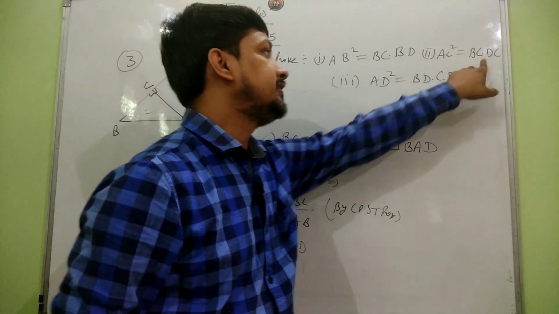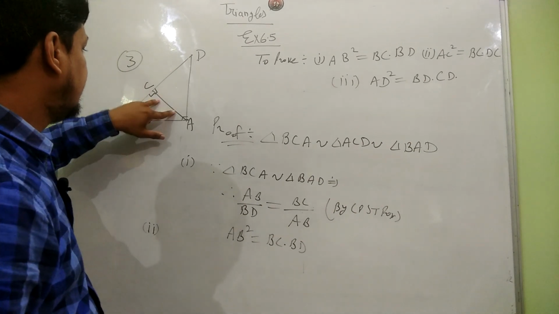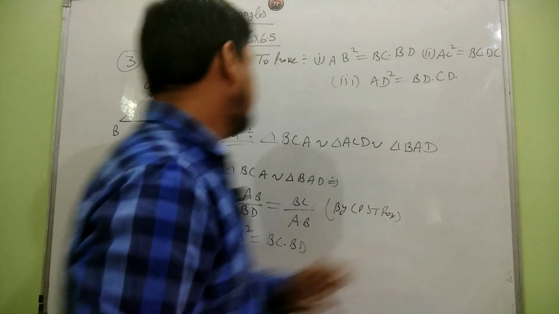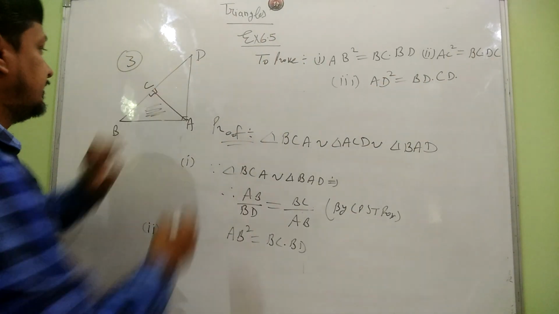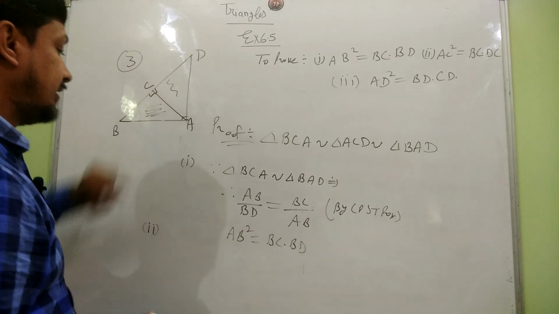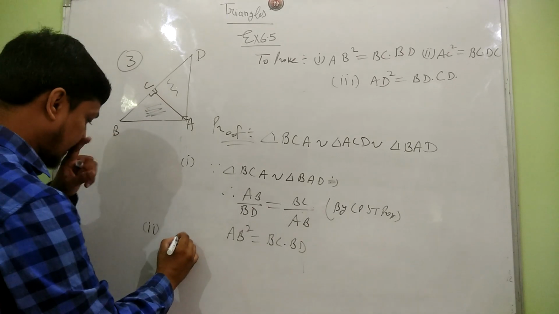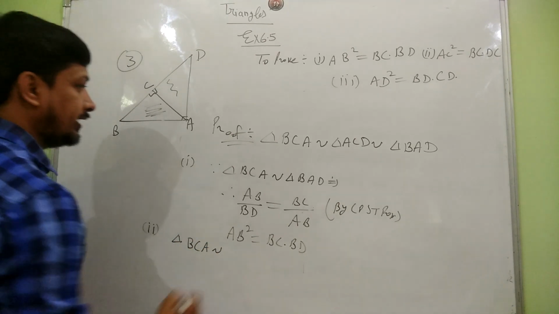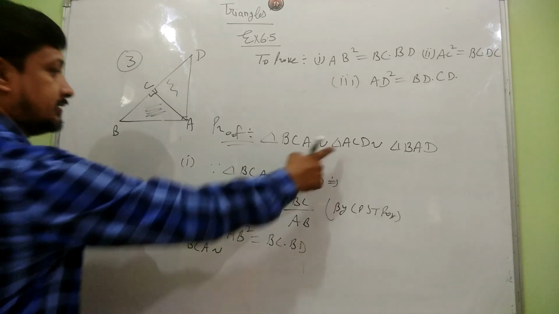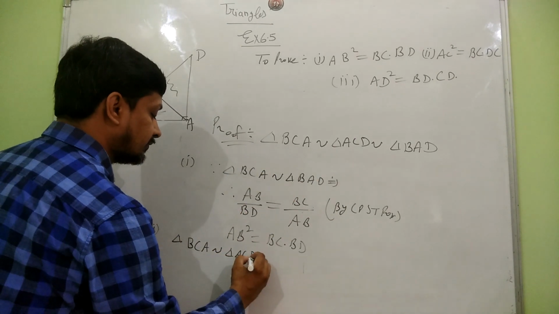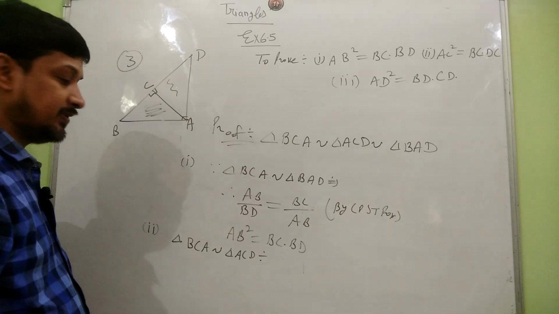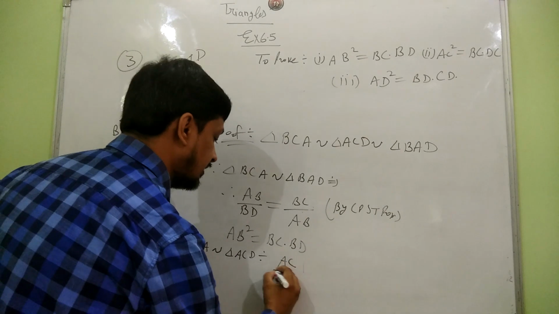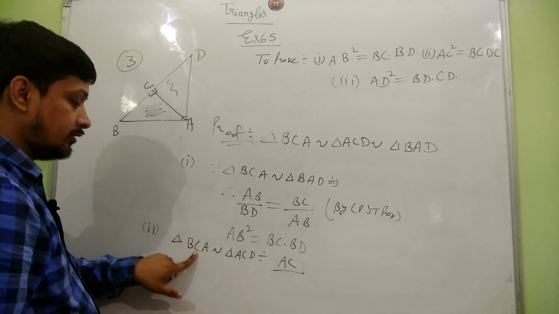Now for the second part, you need AC, BC. AC, BC means this triangle, and AC, DC, this is the small triangle. So these two triangles we need this time. So we will write triangle BCA is similar to triangle ACD. If these two triangles are similar, then you can say AC upon, what is the side corresponding to AC here?